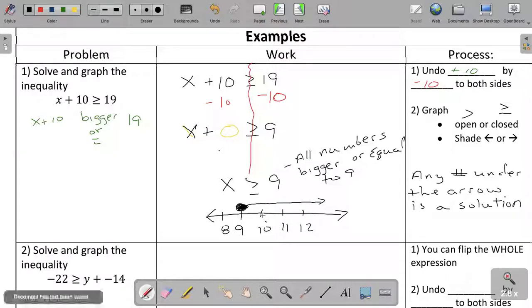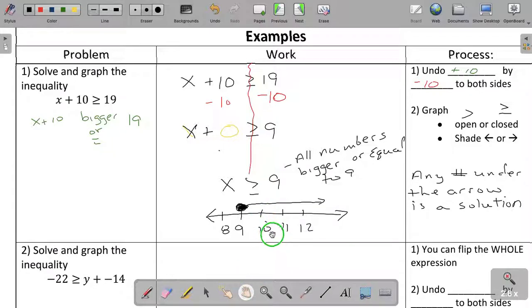Okay, that's what that means. Does 10 work? Sure. If I put a 10 in here, 10 plus 10 is 20. 20 is bigger than 19. If I put a 12, 12 plus 10 is 22. 22 is bigger than 19. Every number underneath there fits, and that's why we draw the arrow, because we have a whole bunch of answers that work.